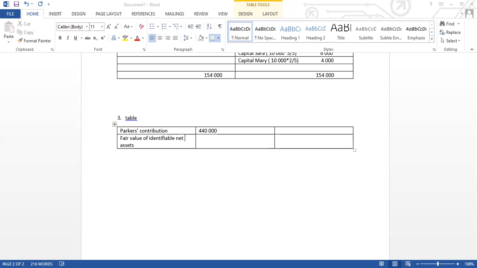Do you understand? Does that mean we add the revalued figures of the assets, the values of the assets after they've been revalued?